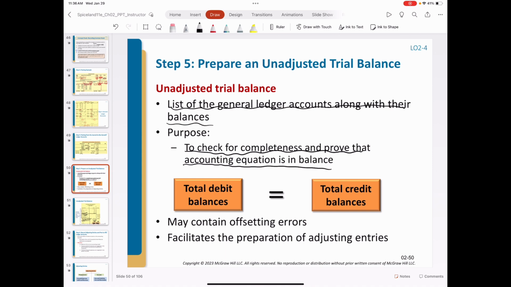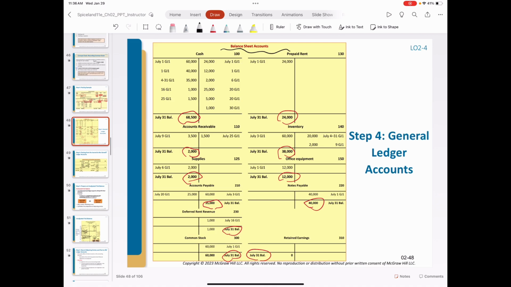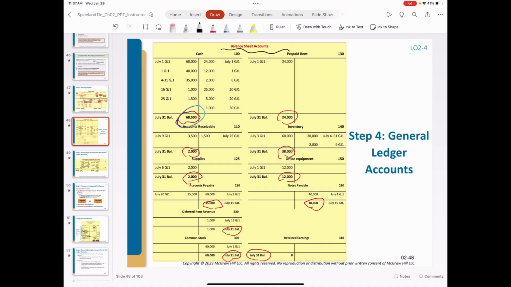Total debit equals total credit does not guarantee the financial statements or prior journal entries and posting are free from error. The cash balance debit 668,500 is just borrowed from here. Accounts receivable 2,000 was borrowed from here.